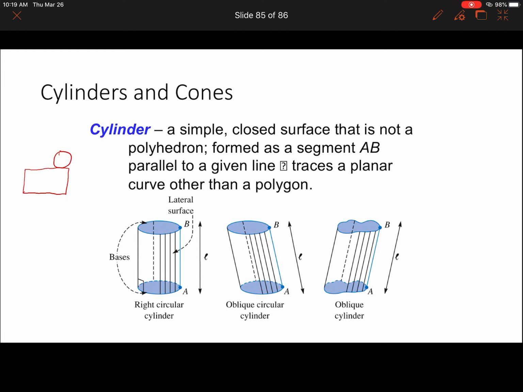In the last video, we talked about nets. If you were to take the net of a cylinder, the sides are going to be a rectangle, and then you would have a circle on top and a circle on bottom where they would fold down or fold up. That lateral surface is a rectangle, and it would just wrap around.